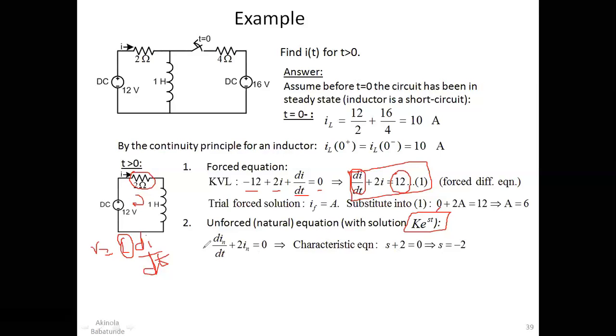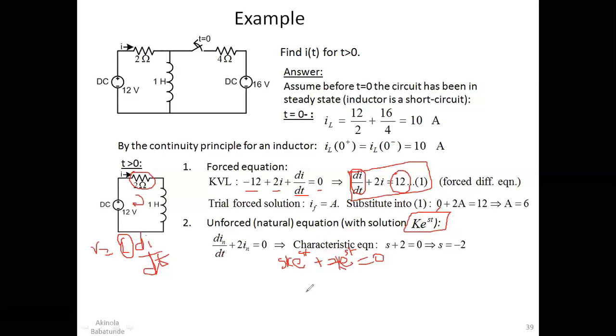I don't think you need me to prove this to you anymore, because by the time you work on this, you're going to obtain sKe^(st) plus 2Ke^(st), equal to 0.